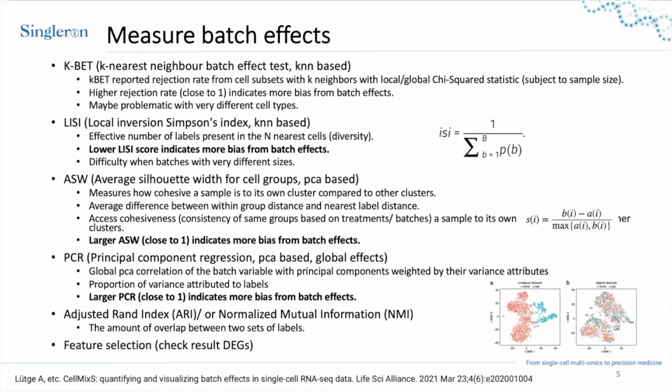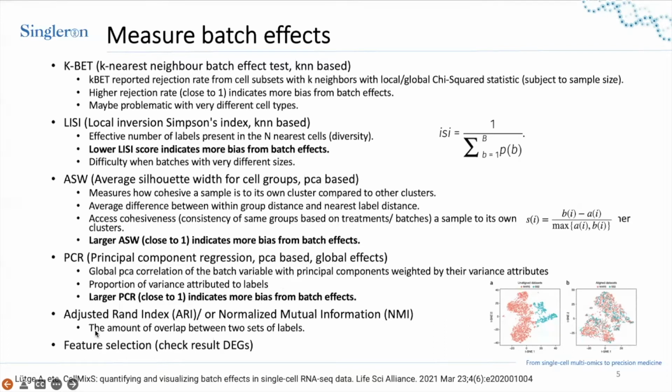So when we actually calculate the principal component regression, we break it down to the top or major principal components and calculate the R square correlations, which are basically the proportion of variance contributed to the labels from the input matrix. So the larger PCR indicates more bias from batch effects.